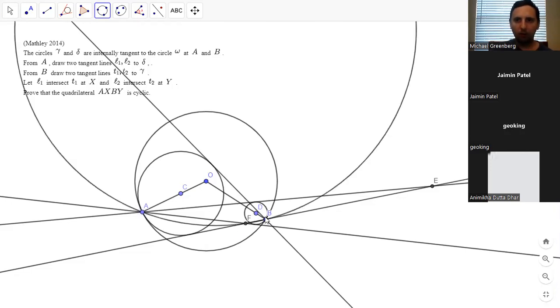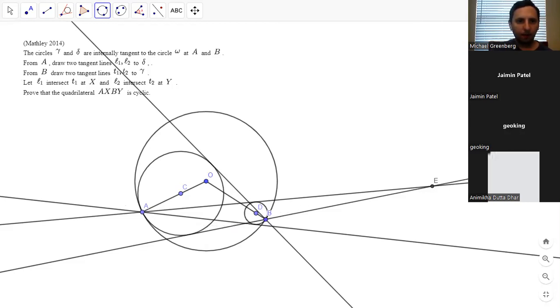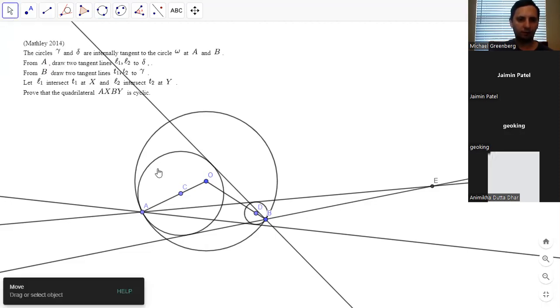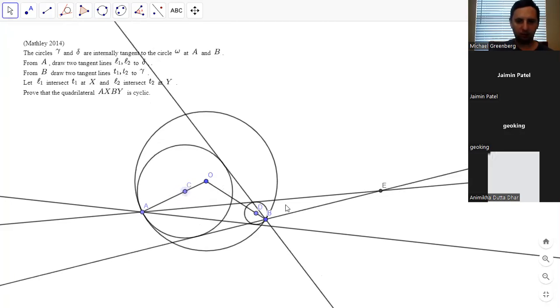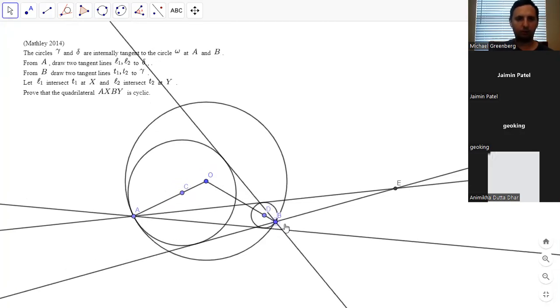No. I wonder what they mean. Internally tangent. Did I do something wrong here? It seems almost like the problem's not true.